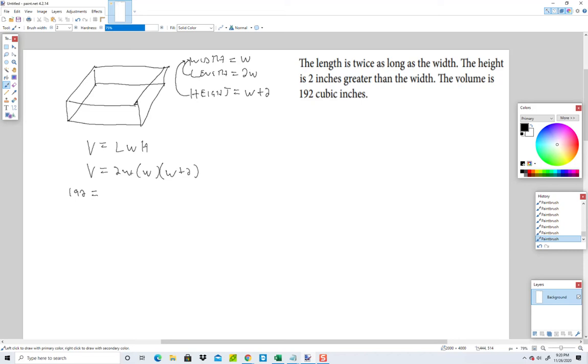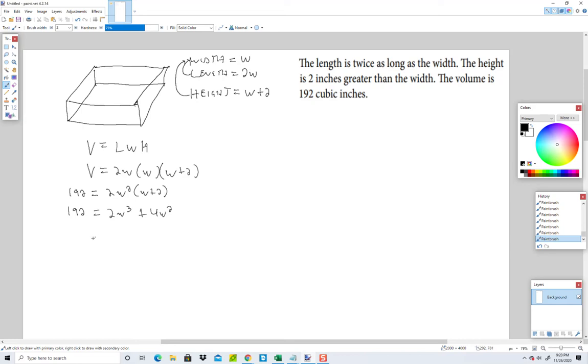So we've got 2W times W is 2W squared, times W plus 2. And 2W squared times W is 2W to the third plus 4W squared.